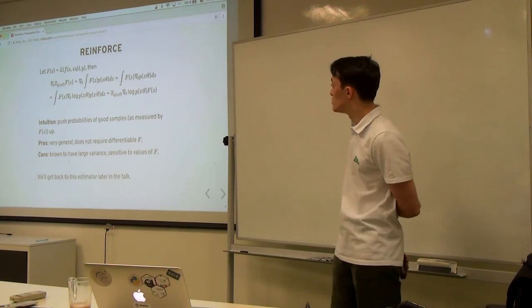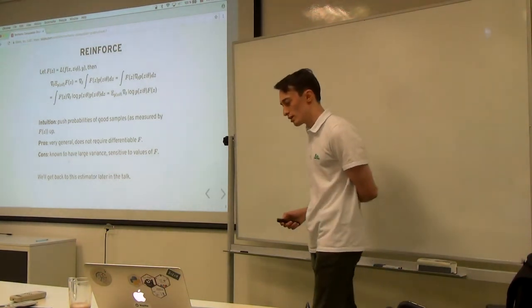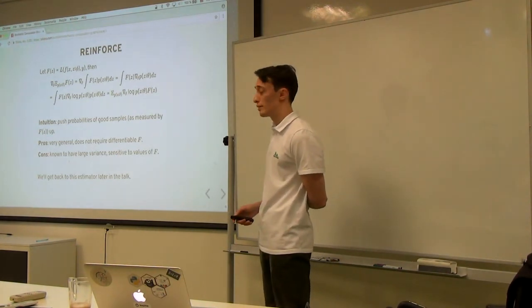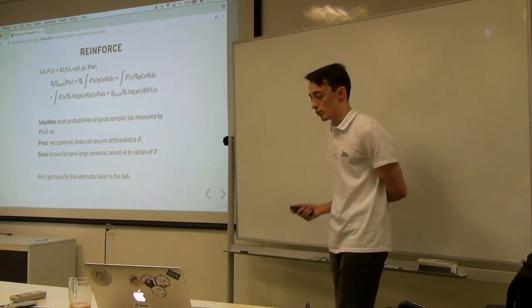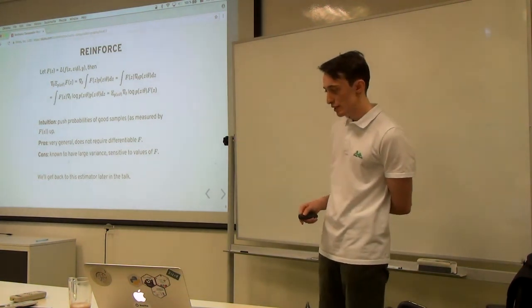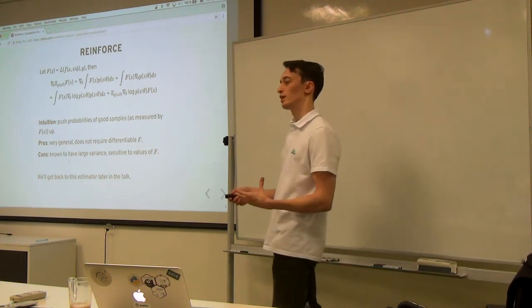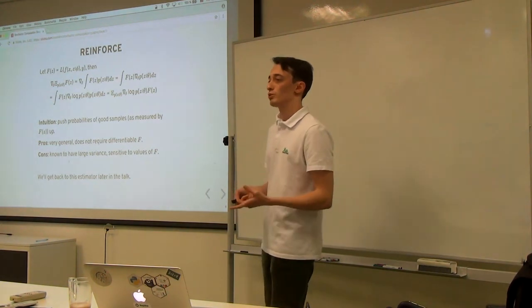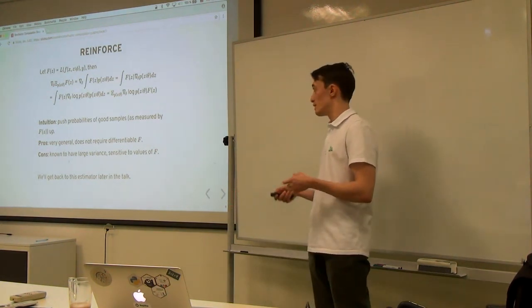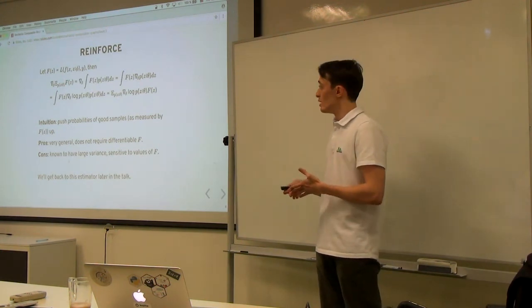However, there is a problem with that. First you would expect that knowing gradient information about f would be helpful, and indeed, even from what I said, it's clear that if your f's are all positive, that means that every direction will have positive weight. So the only way to penalize bad directions, bad samples, is to sample better ones.